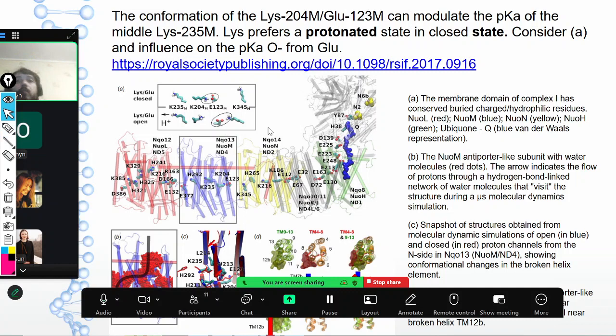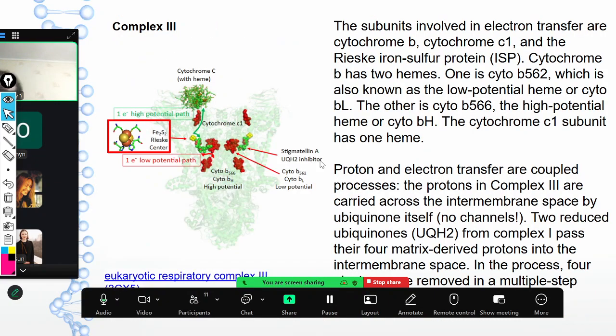So that's basically the way this pump takes protons from one place and puts them into another place. So pKa is drastically changed, and in one conformation they want to leave, and in another conformation they do not want to leave so much.